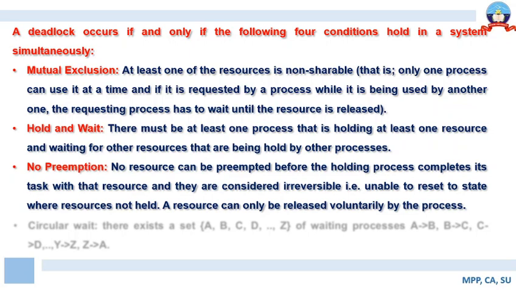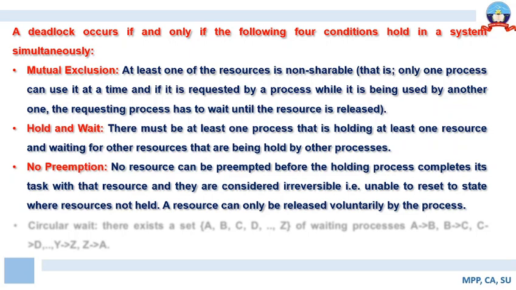So once a resource is allocated to a process, the process utilizes the resource in order to perform an operation. In due course of time, no other process can preempt that particular resource in order to make use of it. So the process that is requesting the resource can make use of it only when the resource becomes free from the process that is holding it.